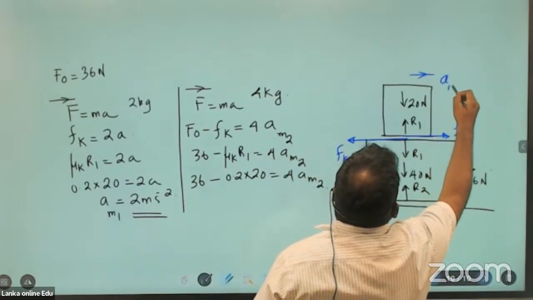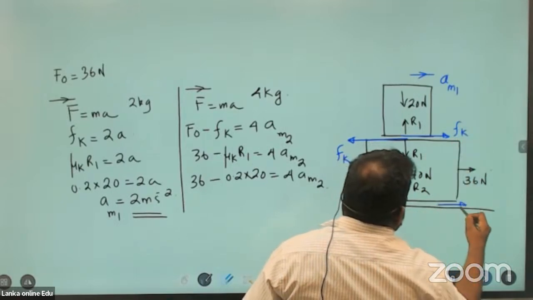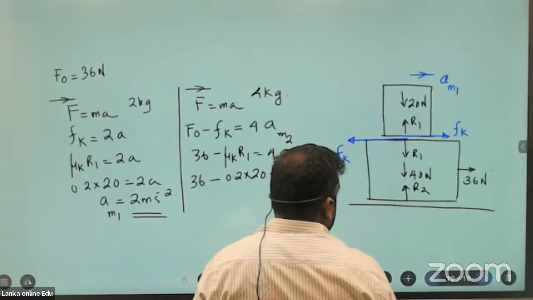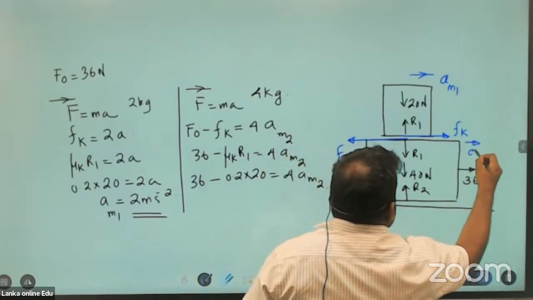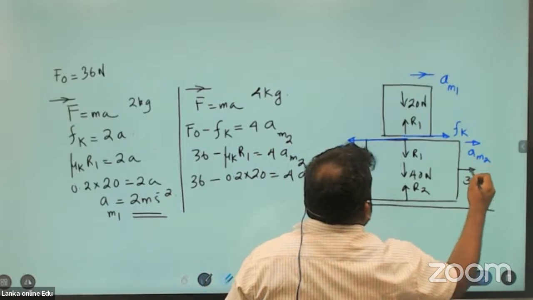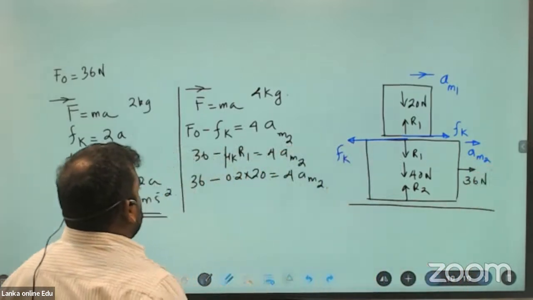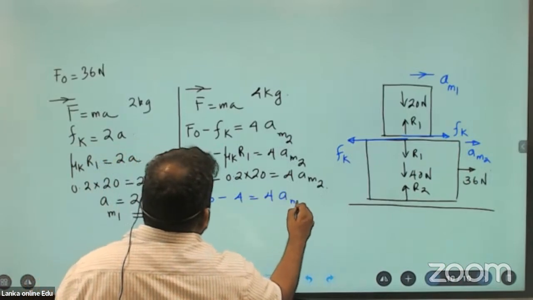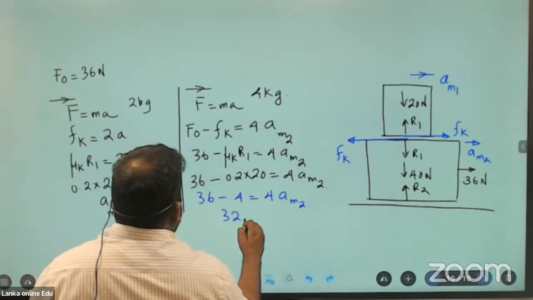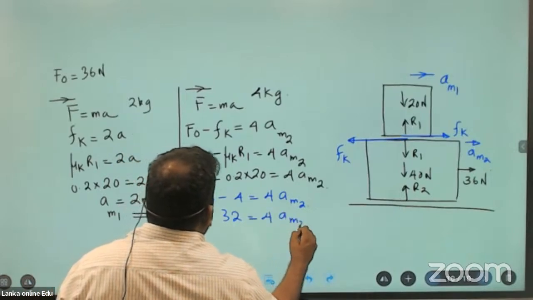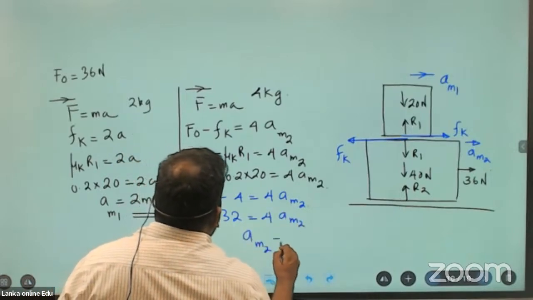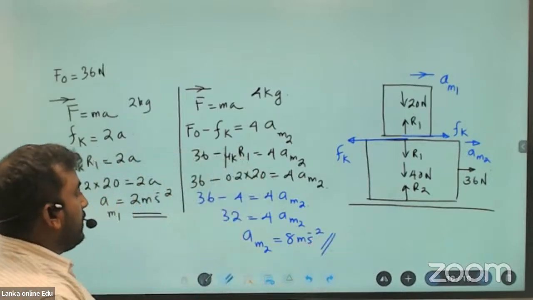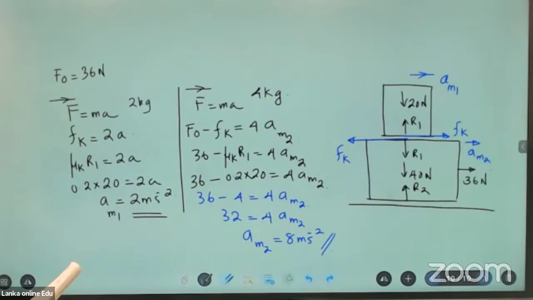This will travel with a different acceleration, the acceleration of M2. Do the substitution: 36 minus 4 equals 4 times acceleration of M2. 32 is equal to 4 times the acceleration of M2. Acceleration of M2 is equal to 8 m/s². Acceleration can be found.